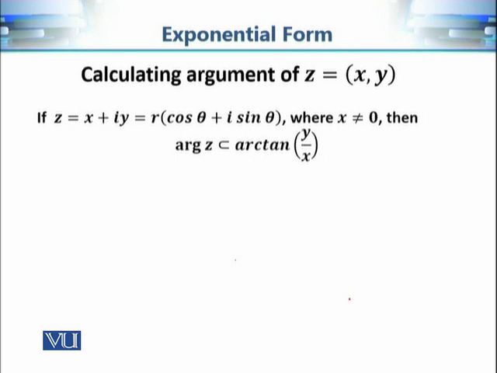So we can say that given a complex number, the argument of z is a subset of all those values which we have calculated using this tan inverse function.